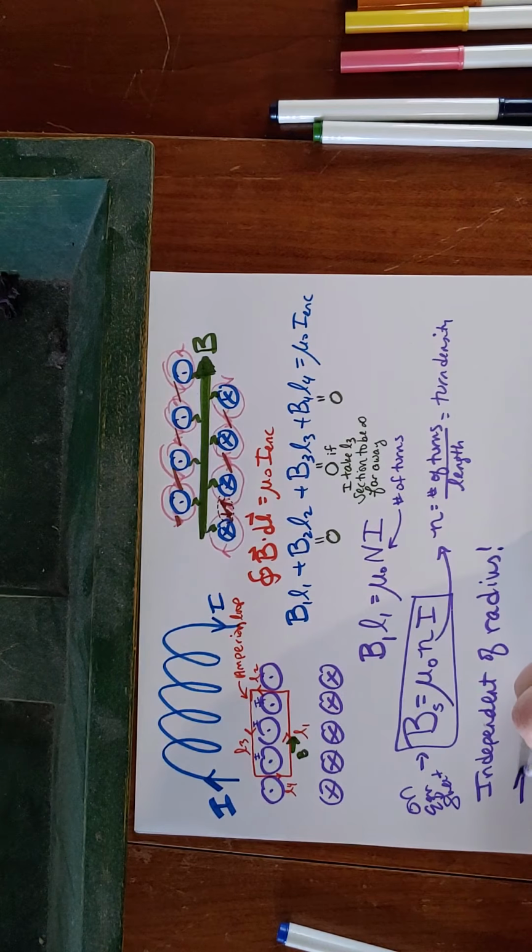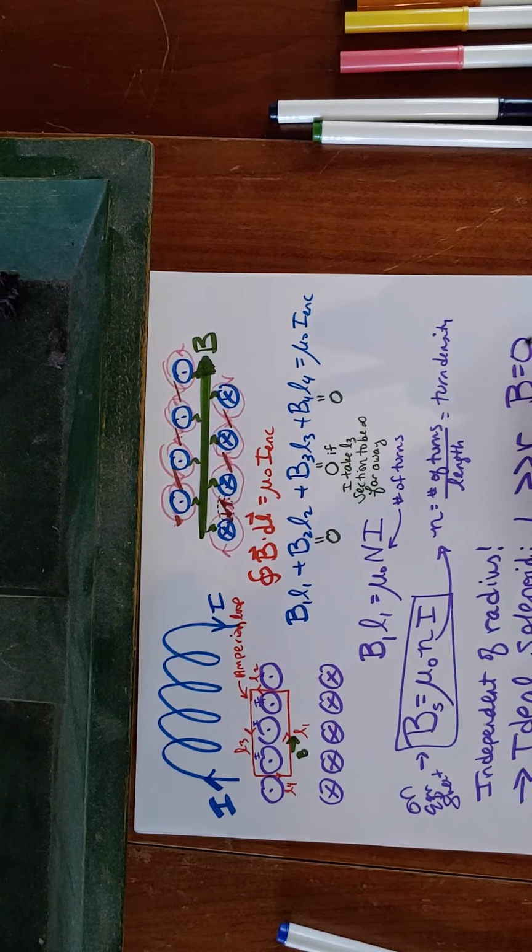And then the one thing that I want to tell you is this is true for an ideal solenoid, which means the total length is much greater than that radius. And in that case, we can actually say that B equals 0 on the outside of an ideal solenoid. Okay, and I'll stop there.